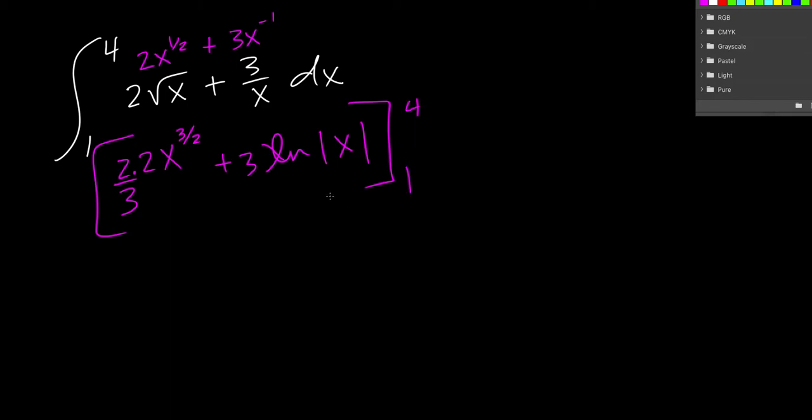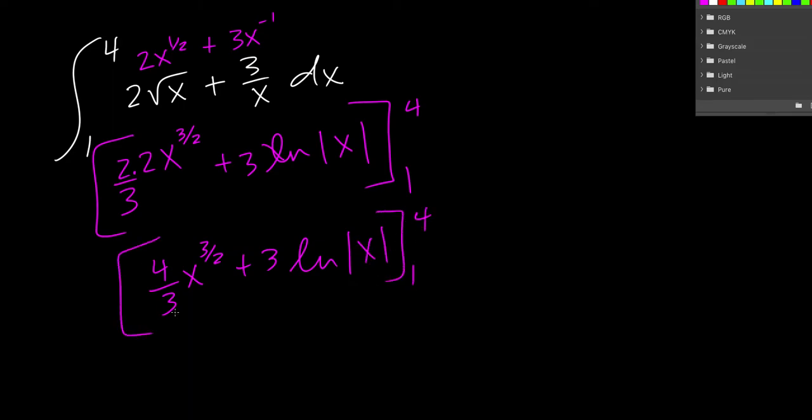I'm going to simplify this just a little bit, so we get 4/3 x to the 3/2 plus 3 natural log of the absolute value of x, evaluated from 1 to 4. Okay, if we plug in a 4 right here, we get 4/3 times 4 raised to the 3/2 plus 3 natural log of the absolute value of 4.